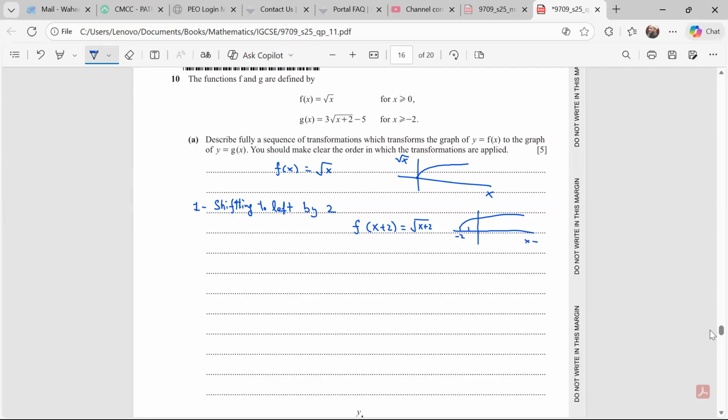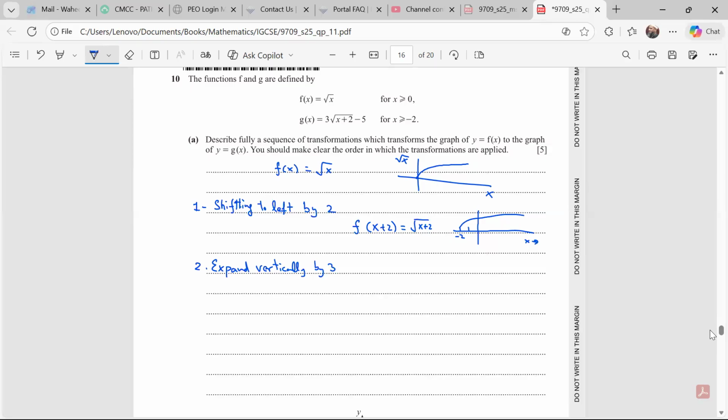Okay, this is x. The next transformation is multiplication or expansion. Let's expand vertically by a factor of 3.